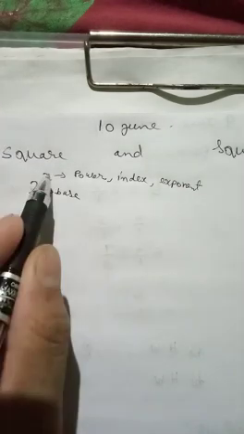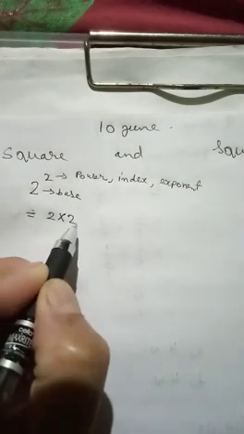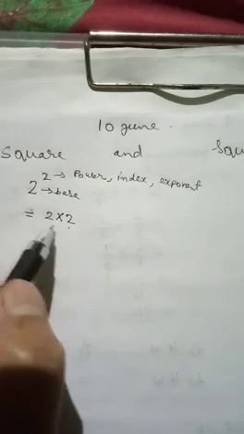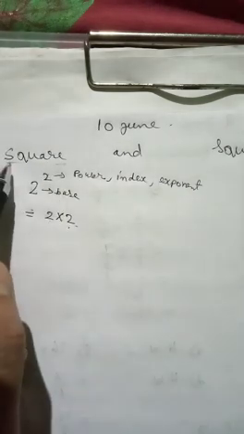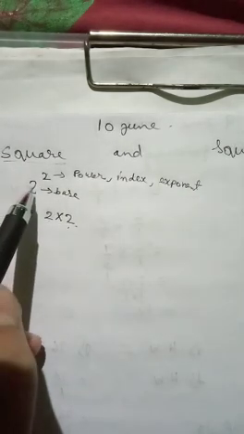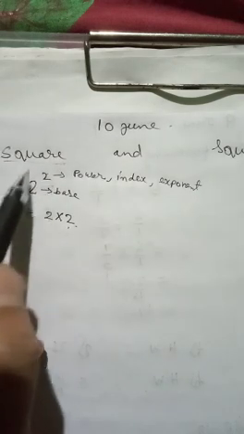So what does it mean? 2 to the power 2 means we have to multiply the same number twice. When we do this, we call it square. So whenever we say square, we mean to multiply that number 2 times by the same number, or if we write it in exponential form, we write 2 to the power 2.